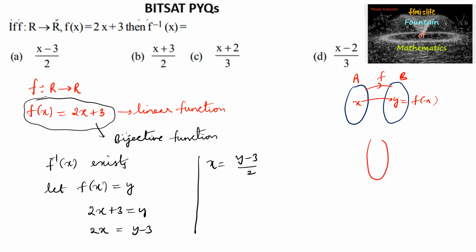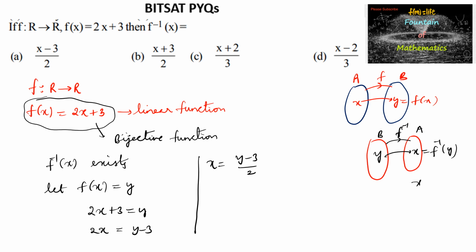Now if we take the inverse, when f inverse exists, means when f inverse is a function, so B to A, so here y comes as x, which is nothing but f inverse of y with respect to the f inverse function.